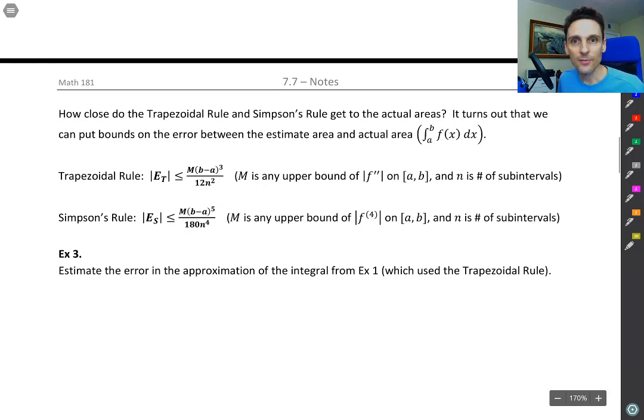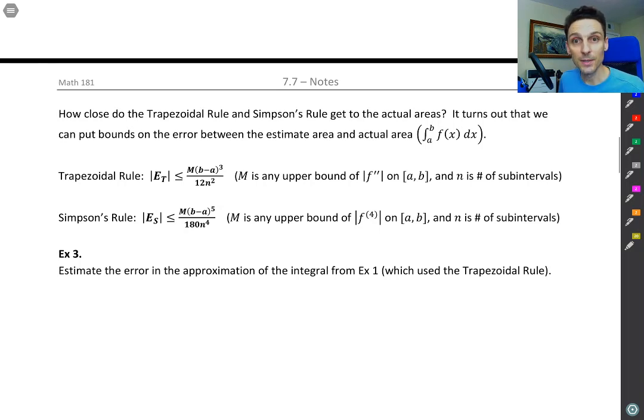Now, the error-bound formula is very similar for Simpson's rule, as we were just seeing, where you're using parabolas, remember. But parabolas can match curviness better, and so if you want to put an error bound on this, you have to worry about higher derivatives, like the fourth derivative, before it's hard for the parabolas to keep up with the graph's curvature.